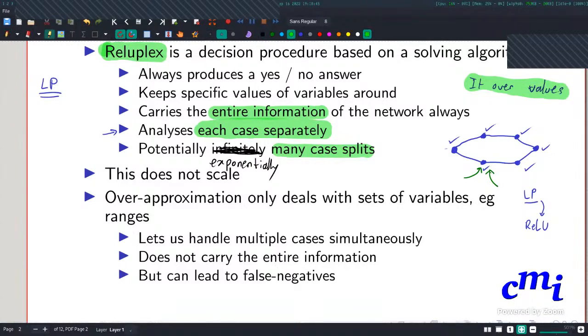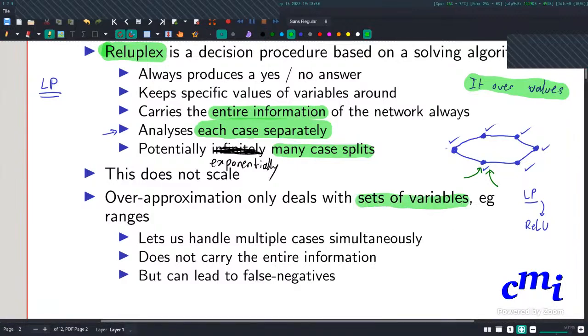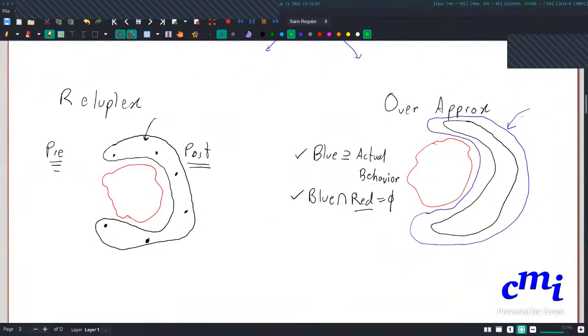So as I was saying, over-approximation is going to deal with sets of variables. This has some advantages, in the sense that it allows us to handle multiple cases simultaneously. In each one of these points, we have fixed the activation of all the ReLU nodes. So whenever we're eliminating one point, we're eliminating one possible combination of activations for the ReLU nodes. But if we can find a good enough blue region, we can eliminate multiple such combinations of activations.